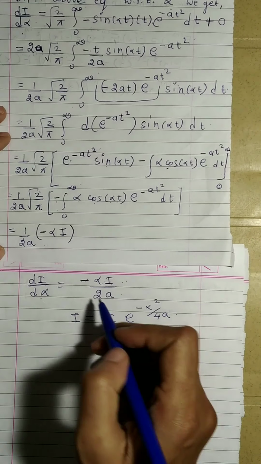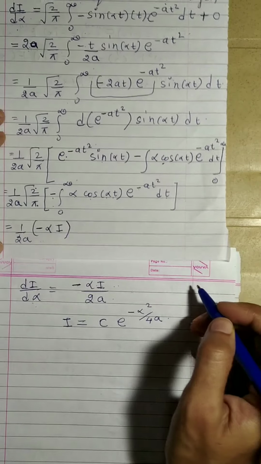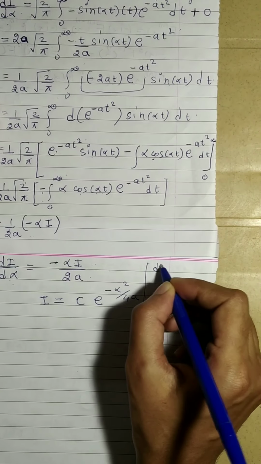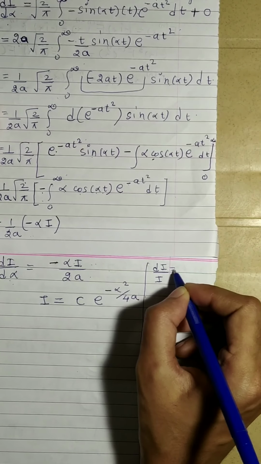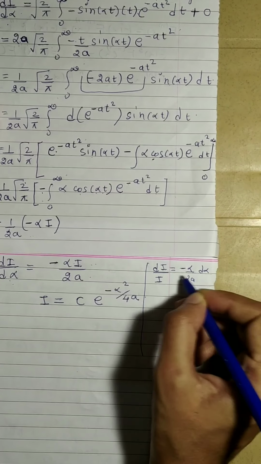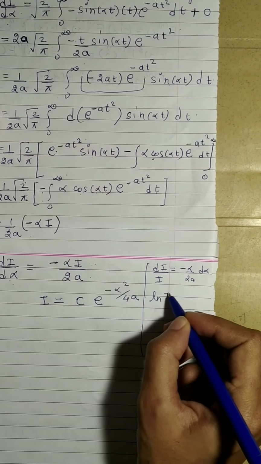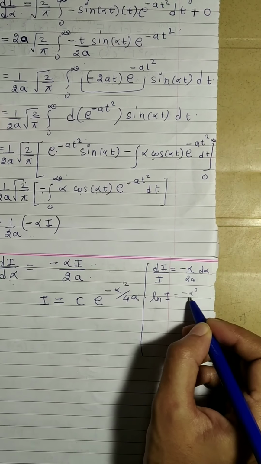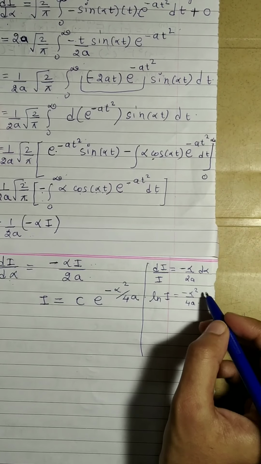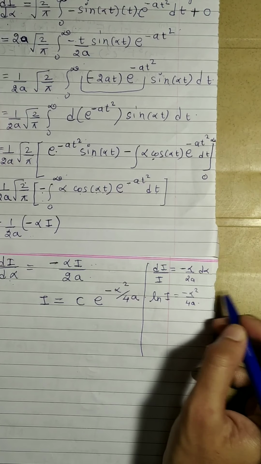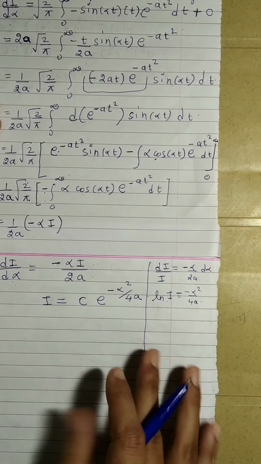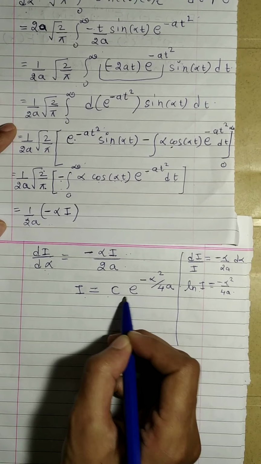This differential equation can be solved by taking di by I as minus alpha by 2a into d alpha. You integrate both sides, that will be ln of I equals minus alpha square by 4a plus the constant c, which can be manipulated, and then you get e raised to this. So I is equal to c into this.